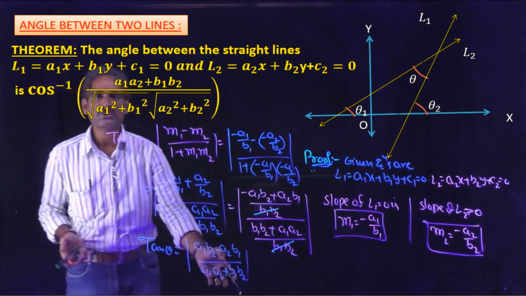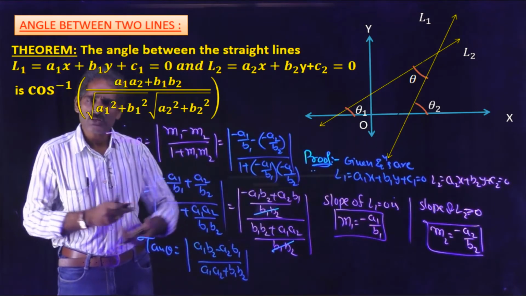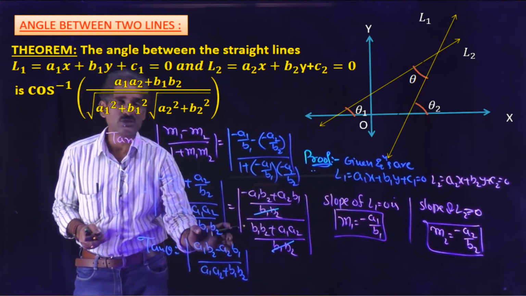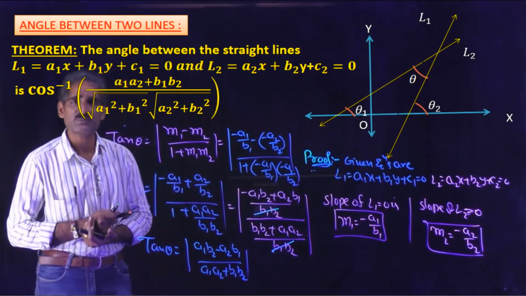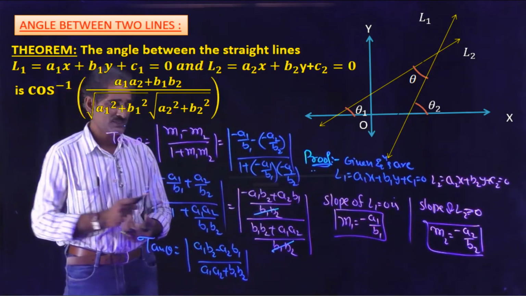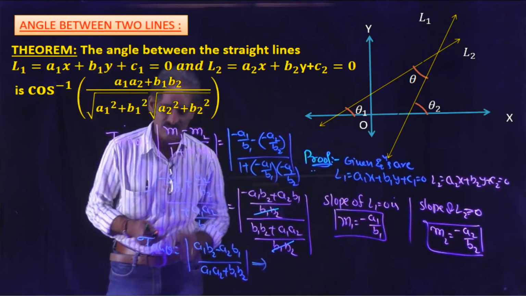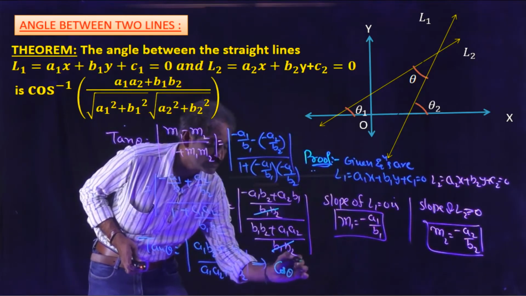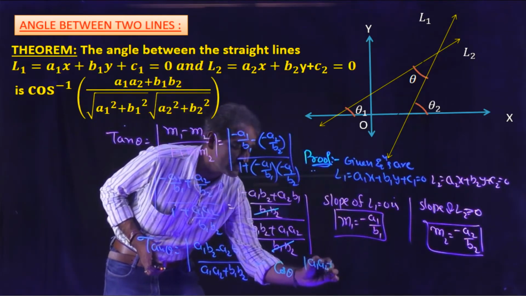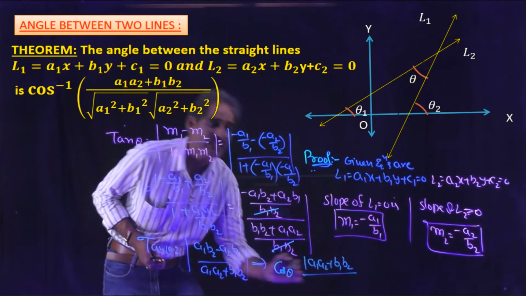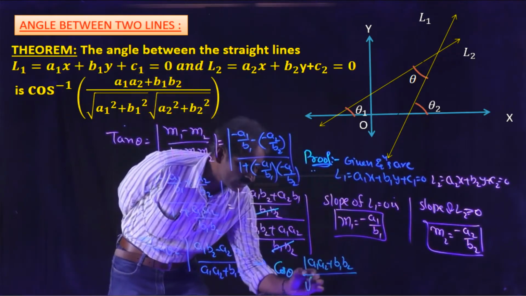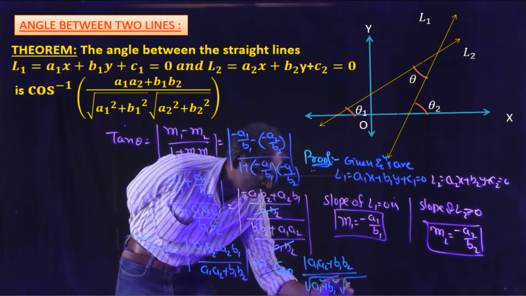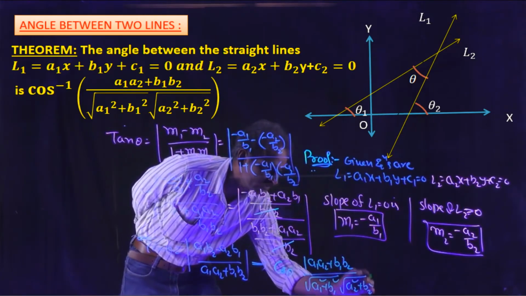Tan theta equal to opposite side by adjacent side. We have to find cos theta, which is adjacent side by hypotenuse. Here this is the adjacent side, this is the opposite side. Hypotenuse is root of a1 square plus b1 square into root of a2 square plus b2 square. From this we can write cos theta is equal to a1 a2 plus b1 b2 by root of a1 square plus b1 square into root of a2 square plus b2 square.